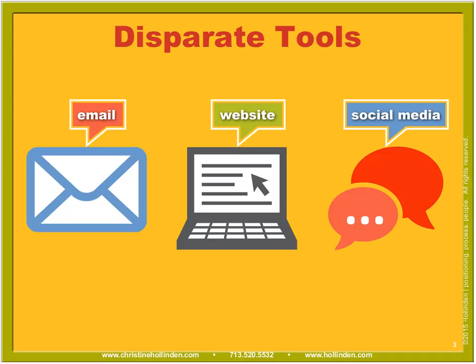There are separate tools that you must have to operate in successfully contacting prospects and clients. Again, to move them through that prospect funnel, that conversion funnel, or cross-selling funnel.